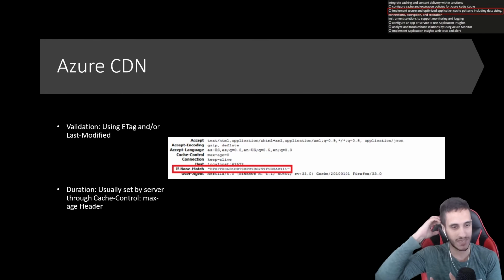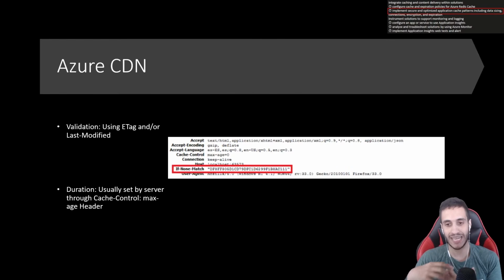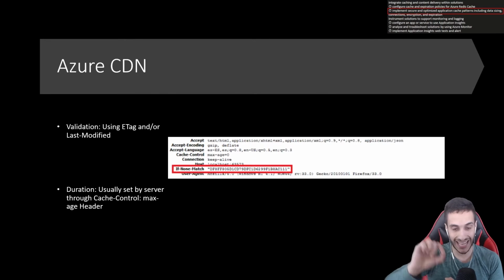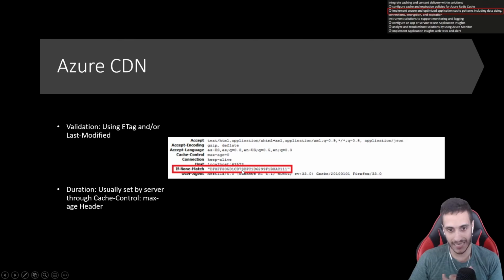The way this is solved is by using something called an e-tag. An e-tag is essentially a unique string assigned to a resource, like an image, for example, on the server. The way this works is that the CDN continuously sends calls to the server attaching this e-tag in an if-none-match header. If this e-tag is equivalent to the e-tag we have on the server, then we know that they are in sync and the cache is still valid.